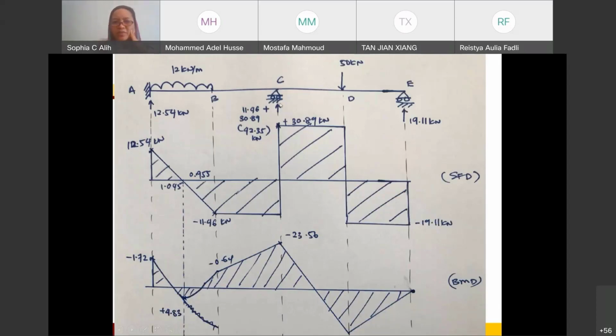So this one I just leave it for your self exercise. Please do so in order for you to get familiarized with the table and also the parameters, because next week we are going to do the moment distribution method for frames.